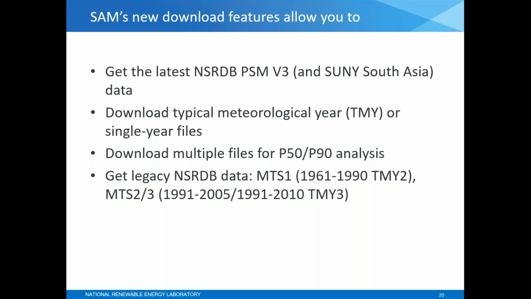If you're doing P50, P90 analysis and need a set of weather files for different years at a given location, you'll be able to download those. And then you can still get the old TMY2, TMY3 data if you have a reason to use that older data, maybe for comparisons or some other reason.